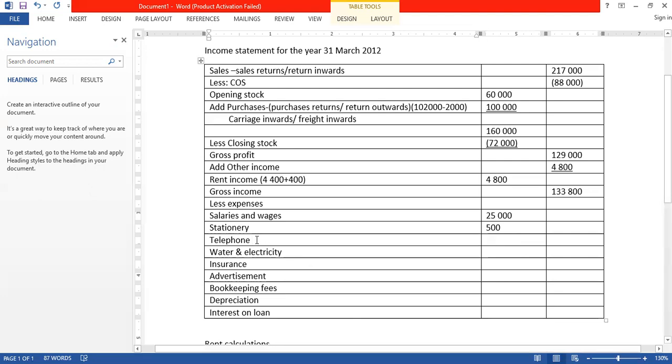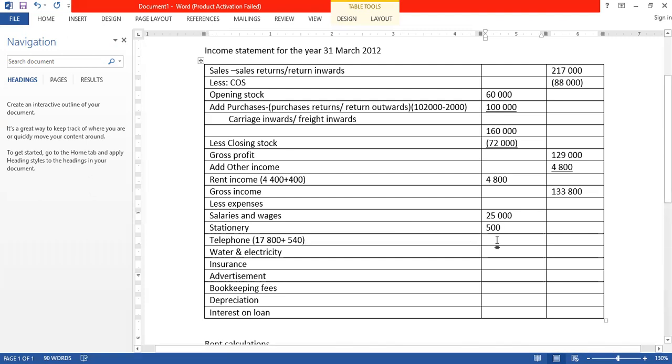So what is our telephone amount? Our telephone amount is 17,800. And then we add the 540 that belong to March.